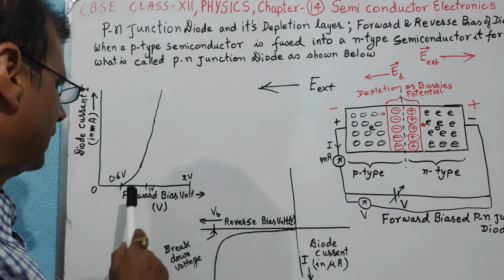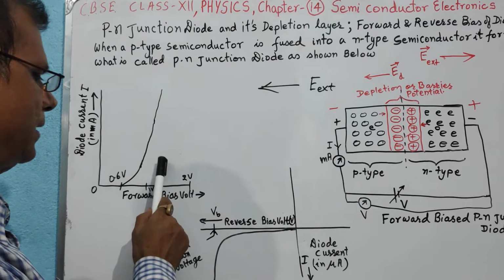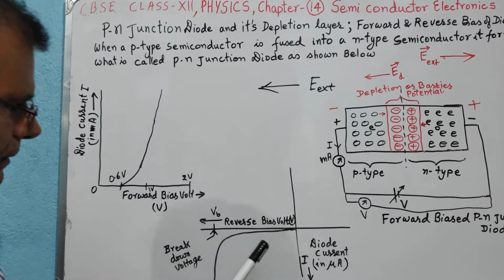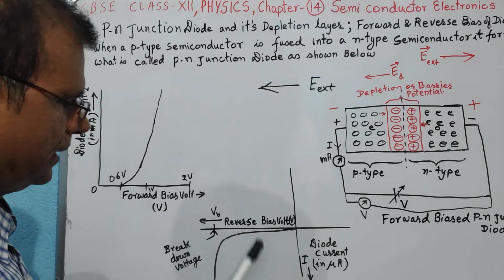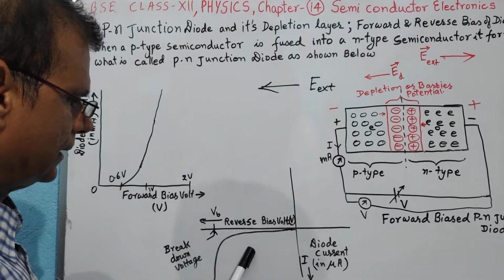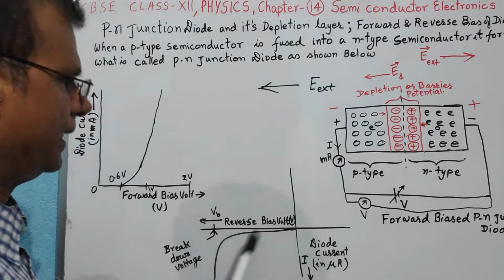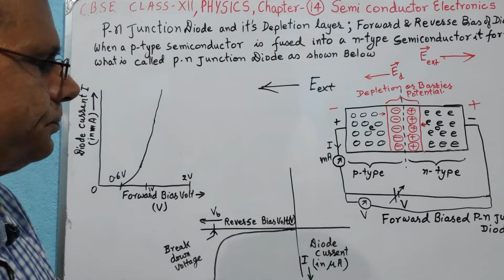But in the reverse bias case, the current flows from N type towards P type. Therefore the current which is taken positive in the forward bias case is taken in the third quadrant as negative, due to the reverse bias applied across the diode.